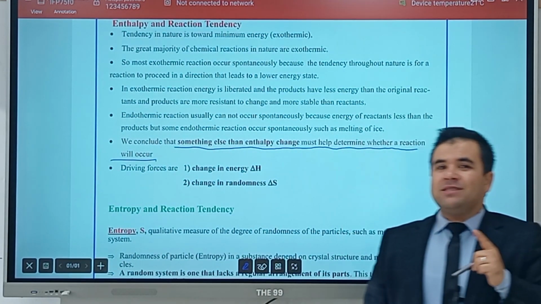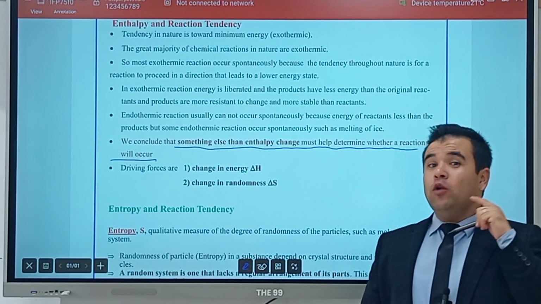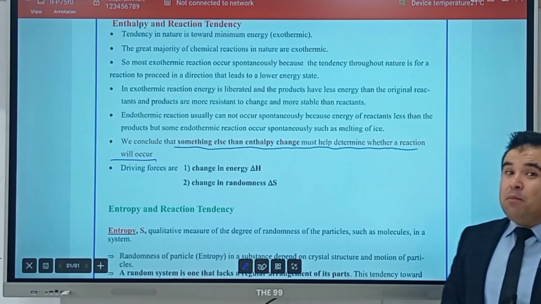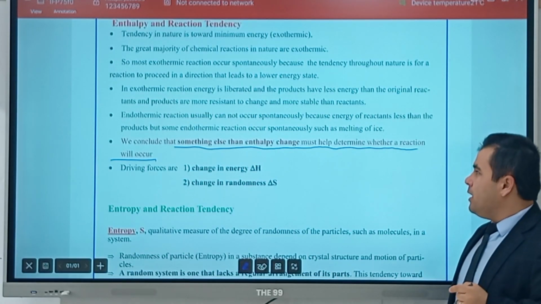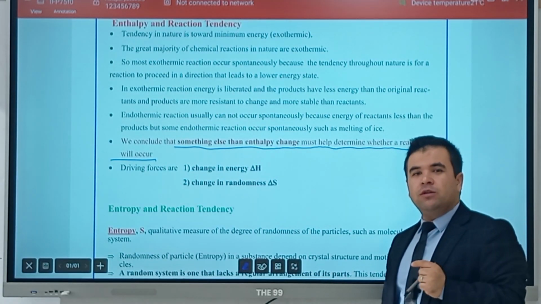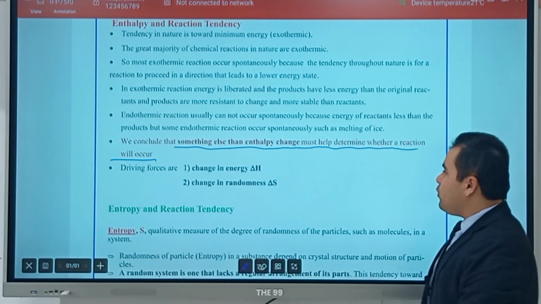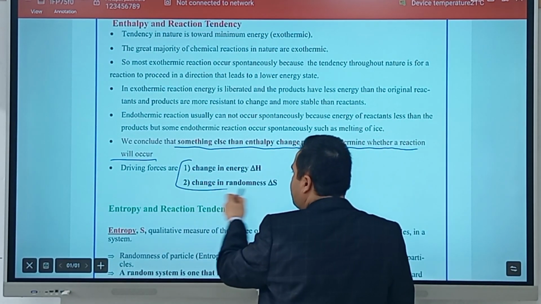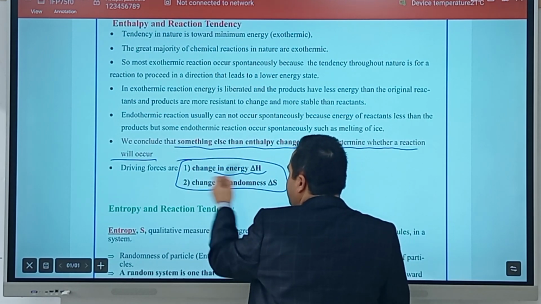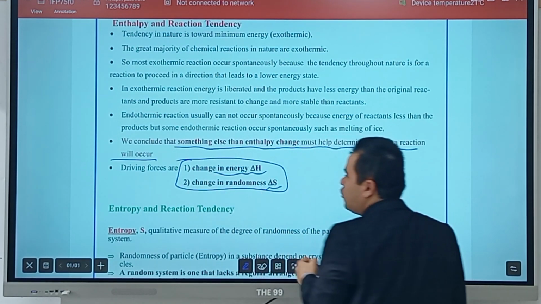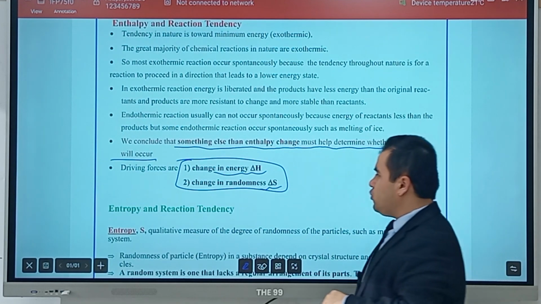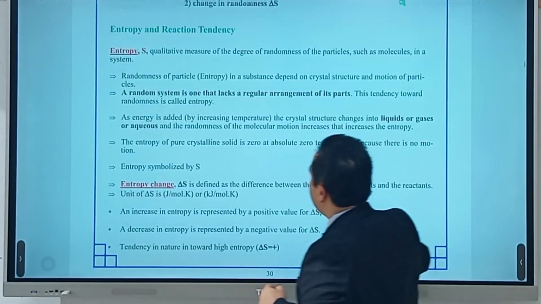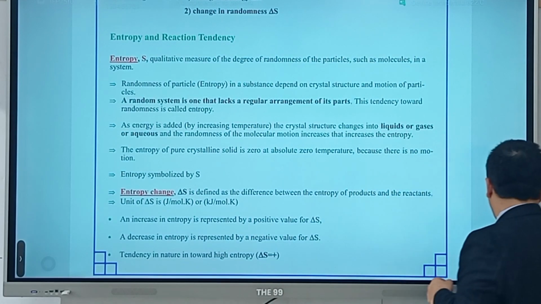So enthalpy is not the only driving force behind the spontaneity of reactions. Something else must be taken into consideration for spontaneity. That's the entropy. So in chemistry we have two driving forces: one is enthalpy, the other is entropy. Let us talk about entropy, what it is, and how to determine its sign as well.